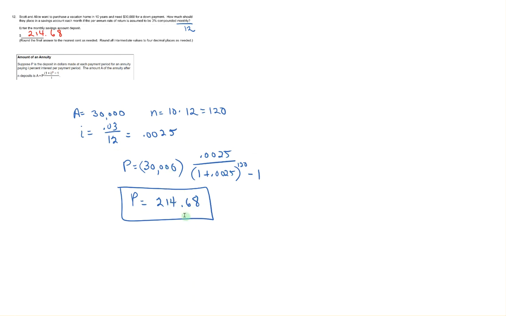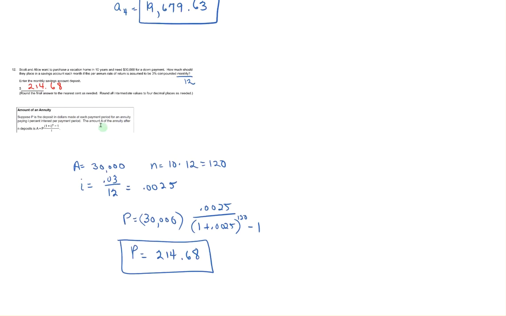This is how much money they need to put in at the beginning of every month so that they save for their $30,000 down payment. The key to that was rearranging this formula at the start. I may write that on for future notes. That should get you through 12.3.